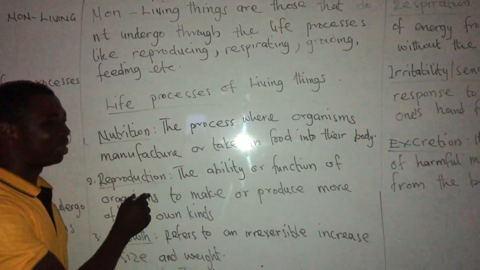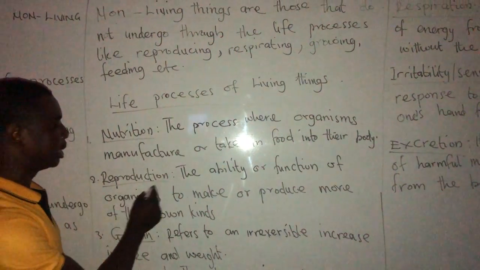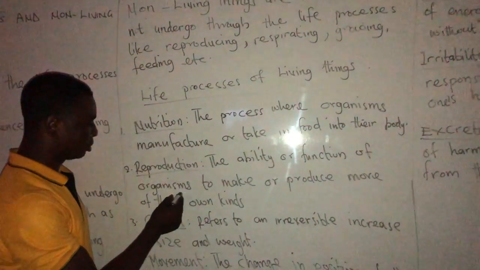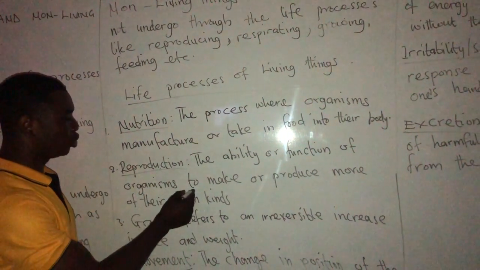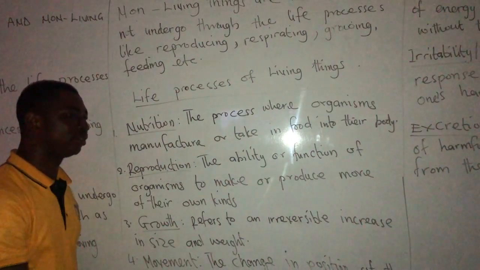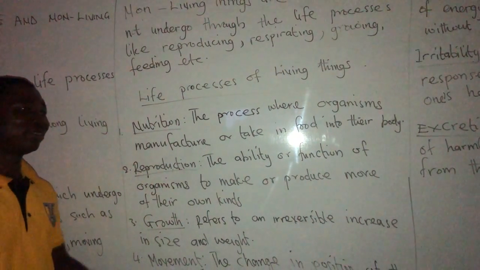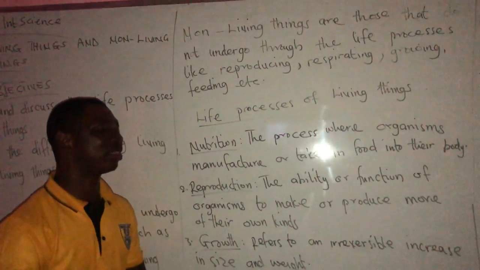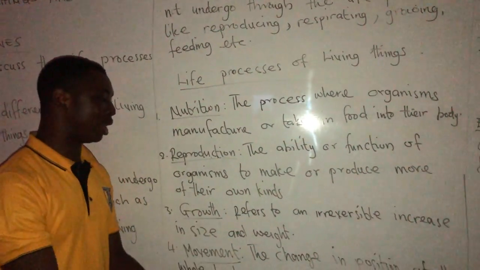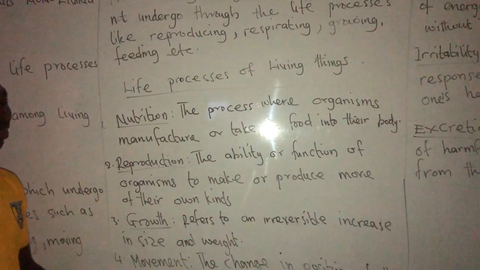Another one, reproduction. That's another life process. Reproduction is the ability or function of organisms to make or produce more of their own kind. As our parents give birth, that is reproduction. They are reproducing their own kind, their young ones.